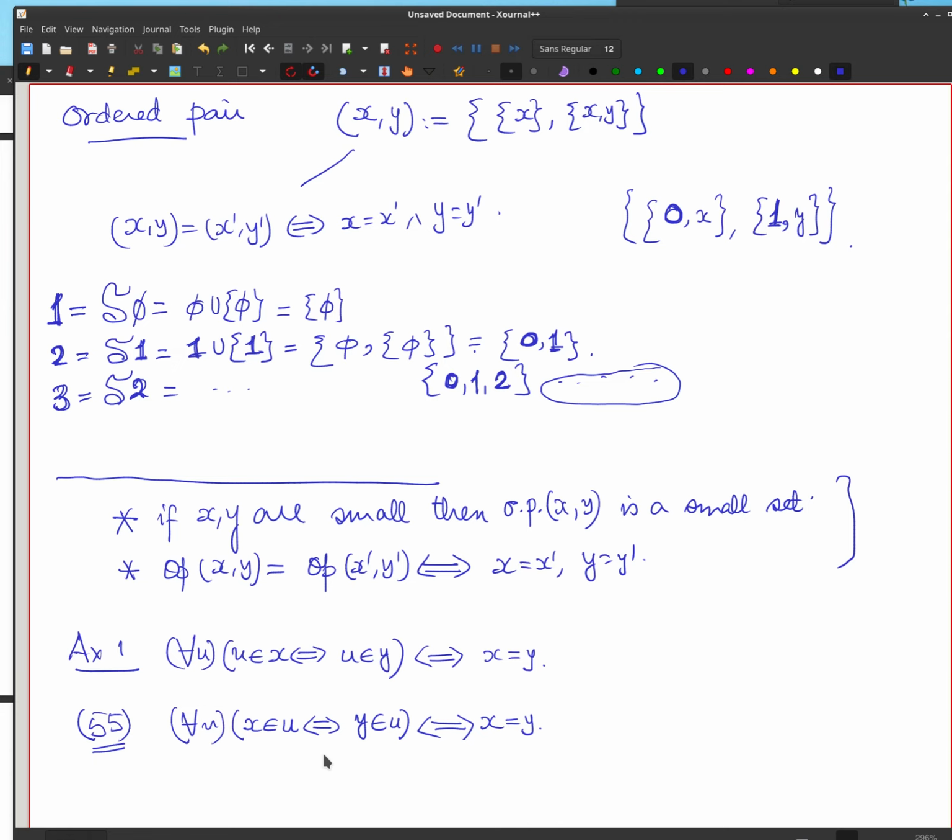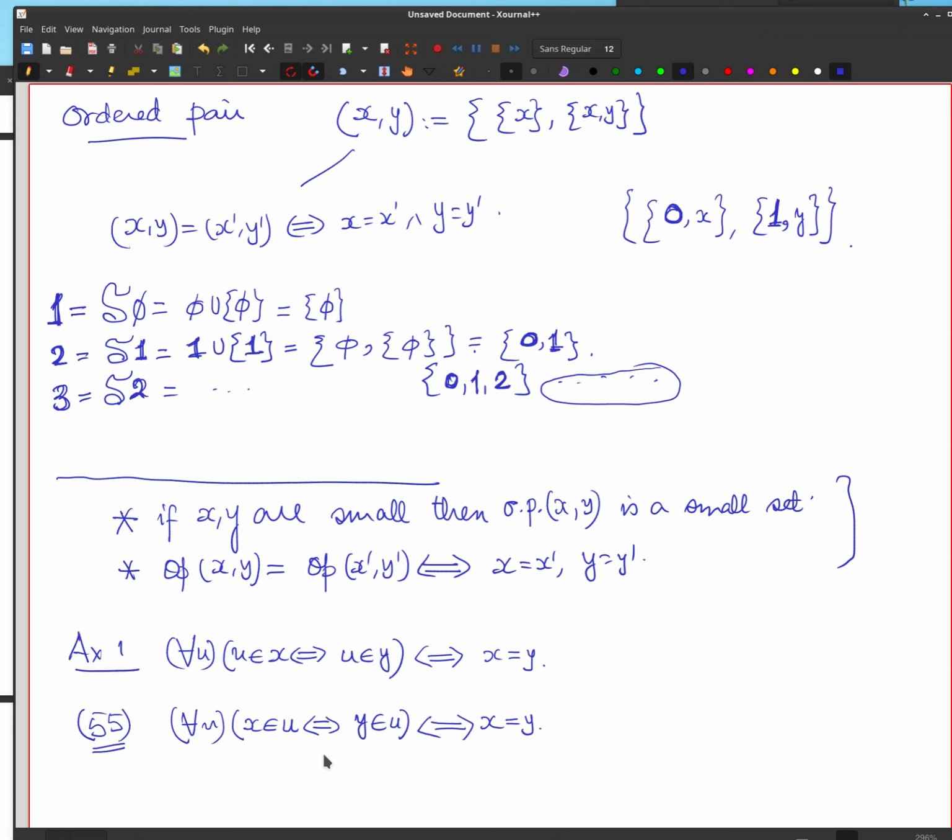I mean to say, the list must be the same. So you see what it is saying? It is saying that two small sets are equal if and only if they contain the same elements, and if and only if they are contained in the same sets. So if they are not the same, that means I will be able to find a set which contains x but doesn't contain y.